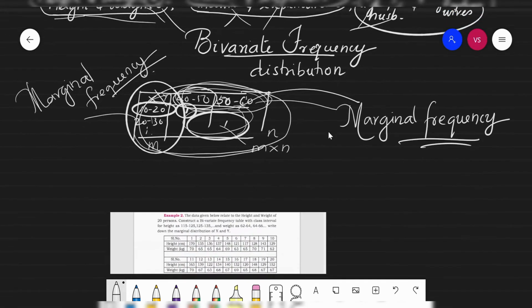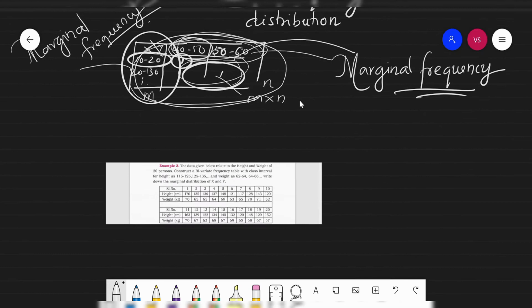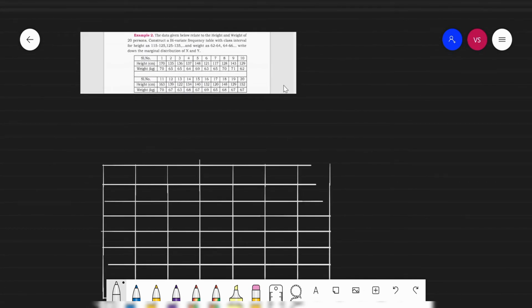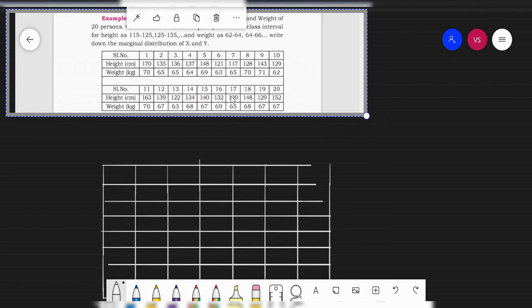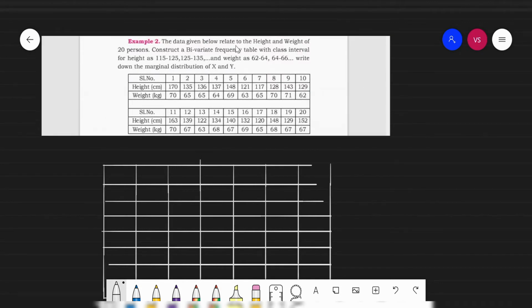Okay, the problem is very simple here. You can see it on the screen. I'm just enlarging it for you so that you can understand it. Okay, fine. Is that clear? Right. See here. The data given below relate to the heights and weights of 20 persons.